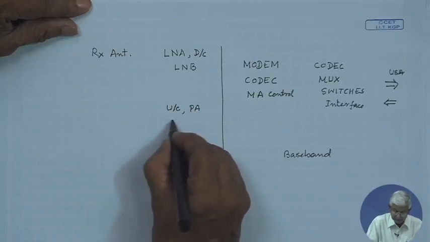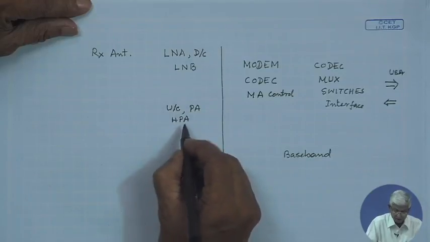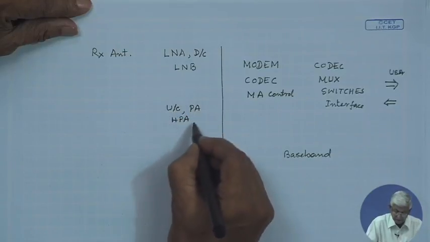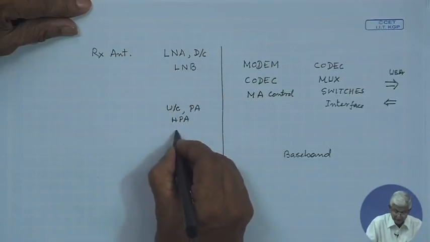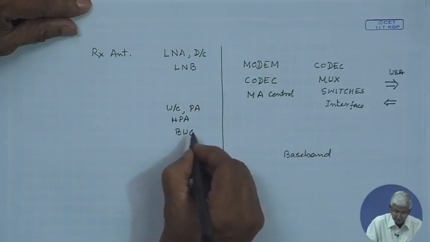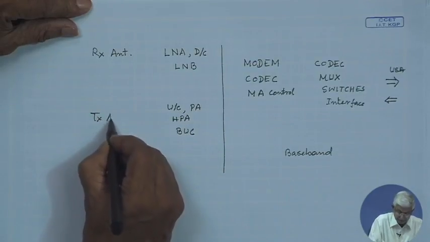In some cases it is a high power amplifier, depending on how much power you are transmitting. So these are sometimes combined, like LNA and down converter are combined, called LNB. Here it is called block up converter, BUC is another terminology, and then it goes to the transmit antenna.